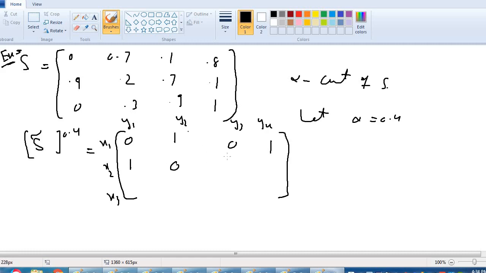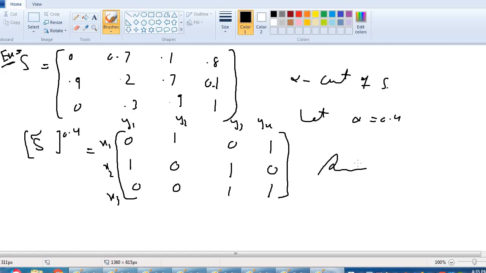Then 0.7 is greater than 0.4, so 1. Here again we have 0, because 0.1 is less. 0.3 is also less, so 0, and 0.9 is greater, so 1. This is just 1, again greater than 0.4. So this is the alpha cut of matrix S with alpha cut 0.4.